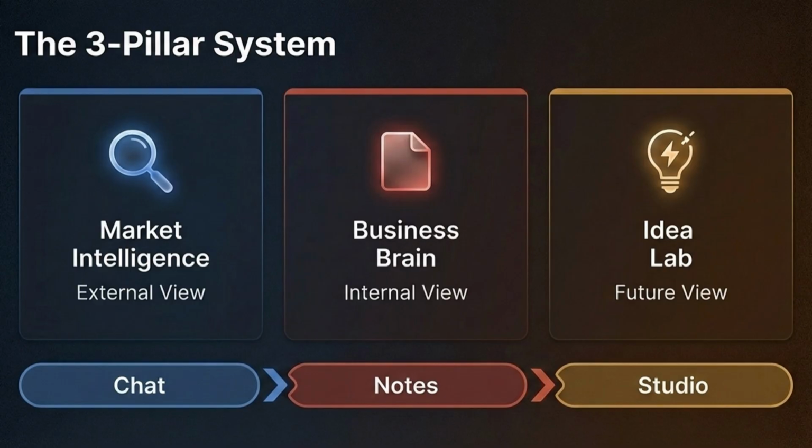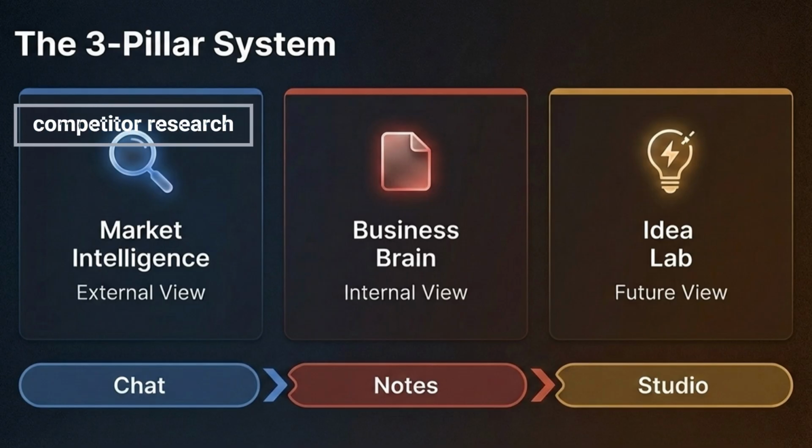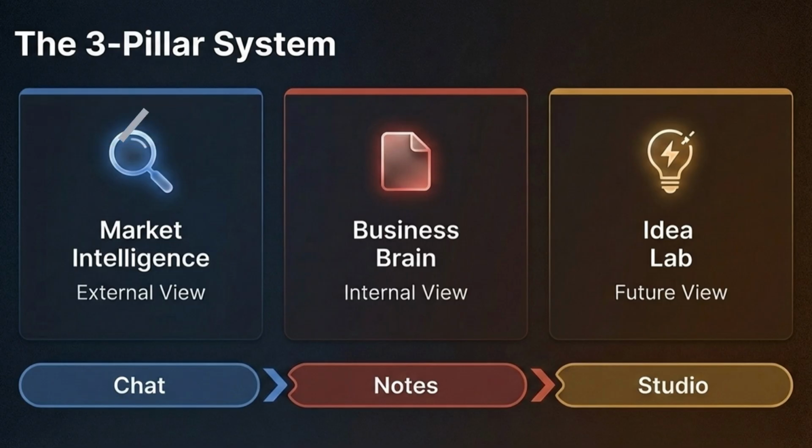It's worthwhile to note that each pillar may contain multiple notebooks. For example, within market intelligence, you might have one notebook for competitor research and another for niche pain points, etc. The pillar gives each notebook its purpose.